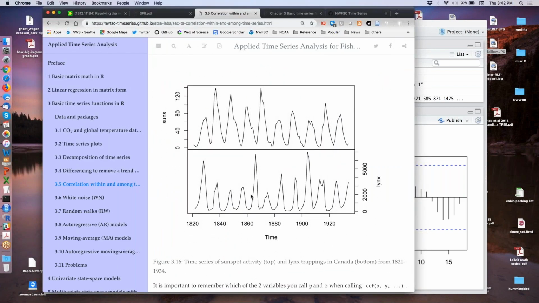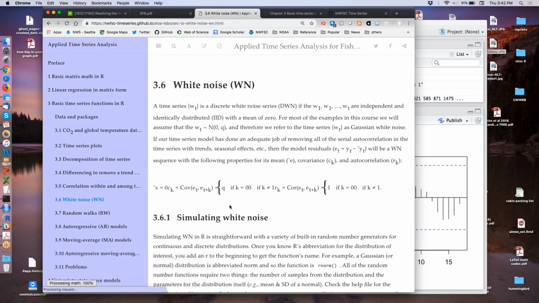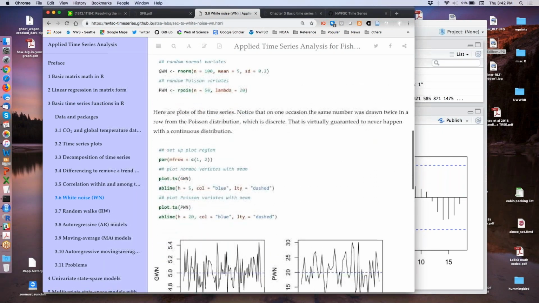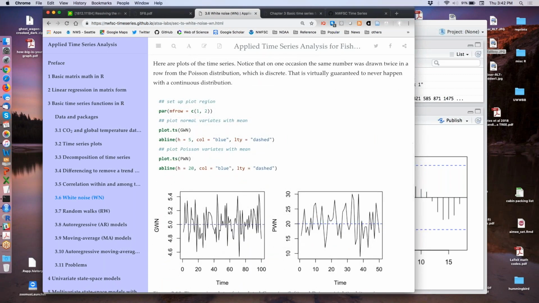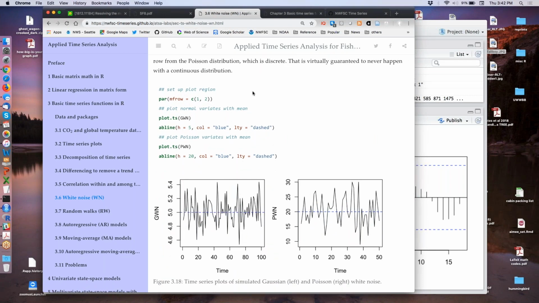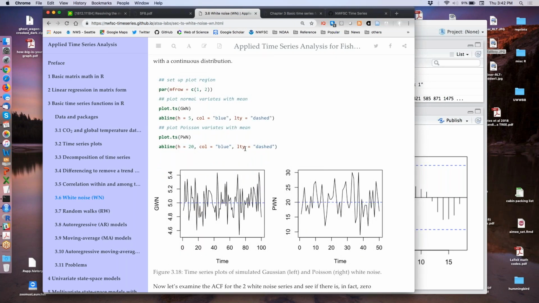Okay, and then the last bit of this is the white noise and whatnot. This bit I just wanted to show you quickly because we didn't talk about it in lecture. Here are two different examples of some processes.